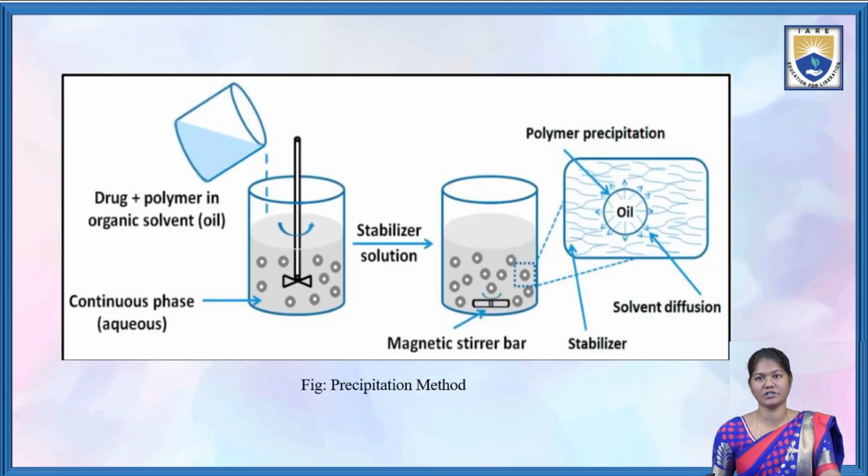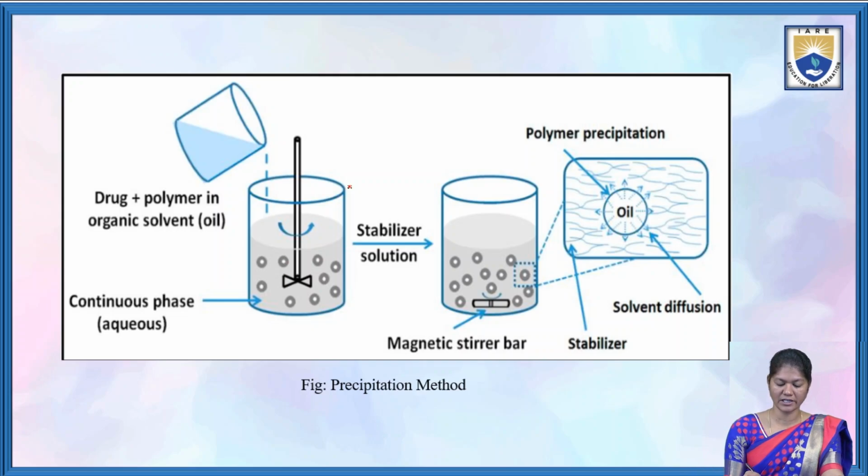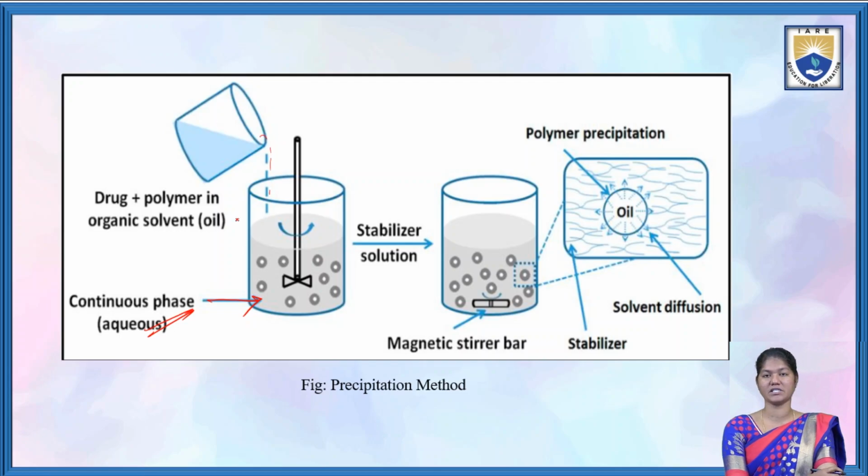This is the figure which gives the information about the precipitation method. Here we have a container, and in this container we have some solvent, that is the continuous phase, which is aqueous, and we are pouring some solute, some drugs plus oil in organic solvents.